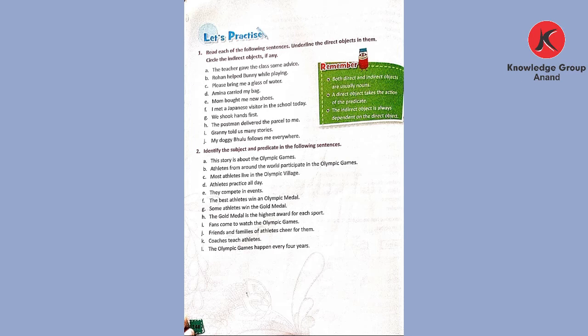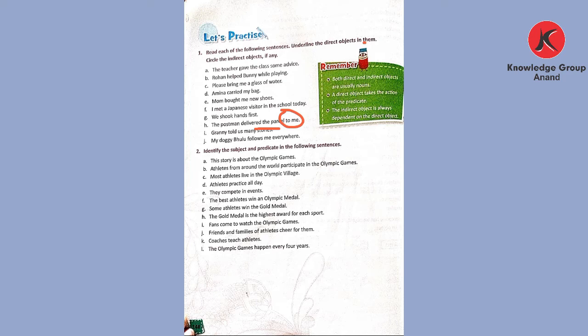Next, number G. We shook hands first. So we have to underline hands because it is a direct object, and we don't have any indirect object in this sentence. Next is the postman delivered the parcel to me. So the parcel will be underlined and to me will be circled.